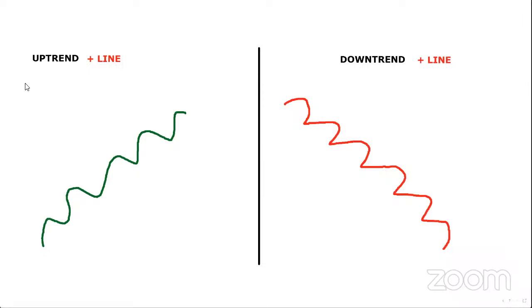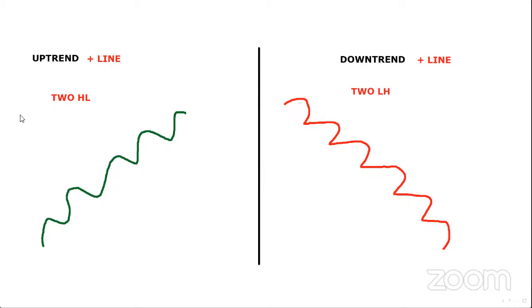So when it comes to an uptrend line, we need 2 higher lows. 2 HL. HL means higher lows. Downtrend, we need at least 2 lower highs, above which we can draw our line.